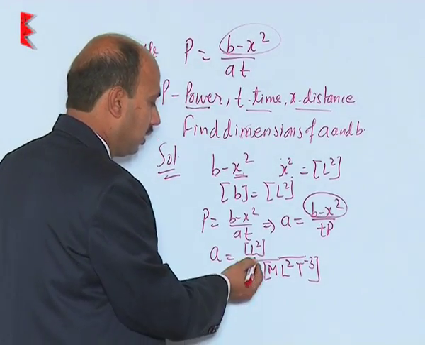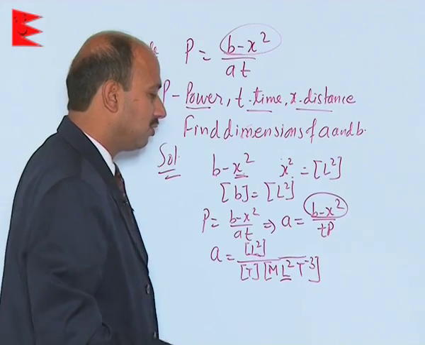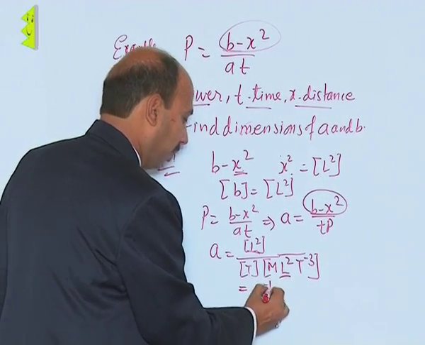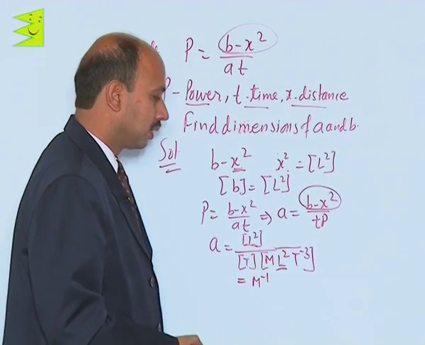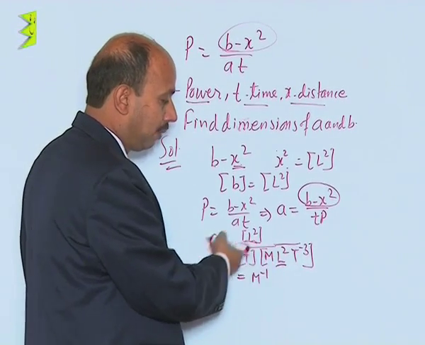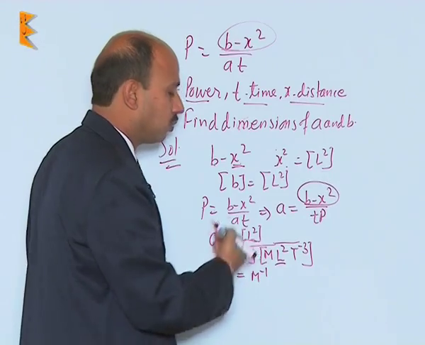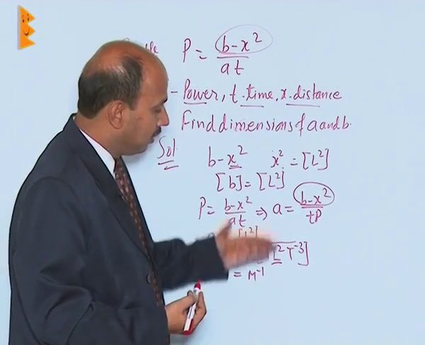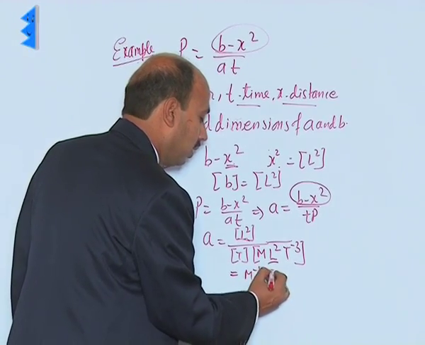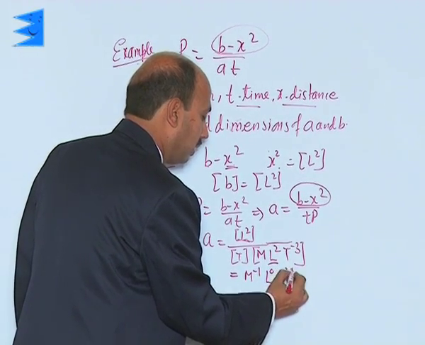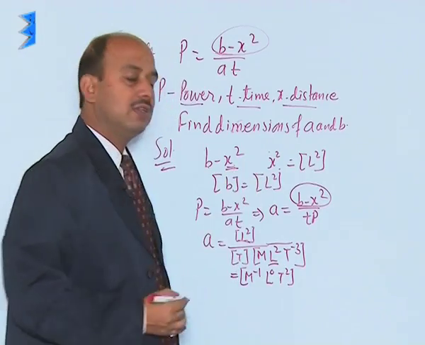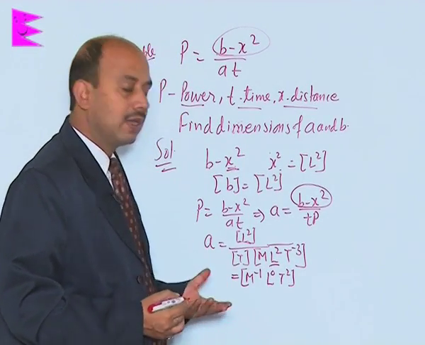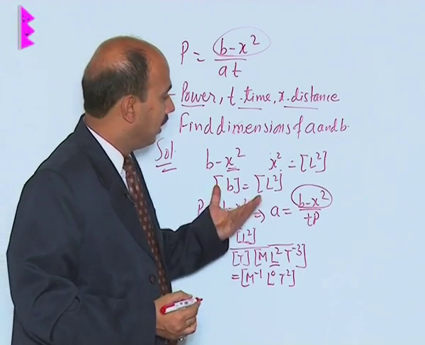If you take this, L square will get cancelled. So, you can write m raised to power minus 1, m will go up. Now, t raised to power minus 3, t raised to power 1, that is minus 3 plus 1, that is minus 2, and t will go up. So, it will become L raised to power 0 and t square. So, this is the dimensional formula of A.